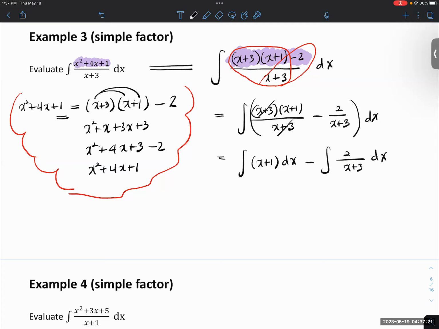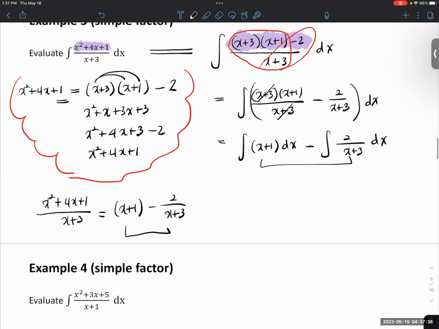So what does it mean? x squared plus 4x plus 1 over x plus 3 has two partial fractions: x plus 1 minus 2 over x plus 3. So these are two partial fractions. We just found them. And then if you take the integral, this is going to be x squared over 2 plus x, minus 2 ln absolute value x plus 3, plus c.